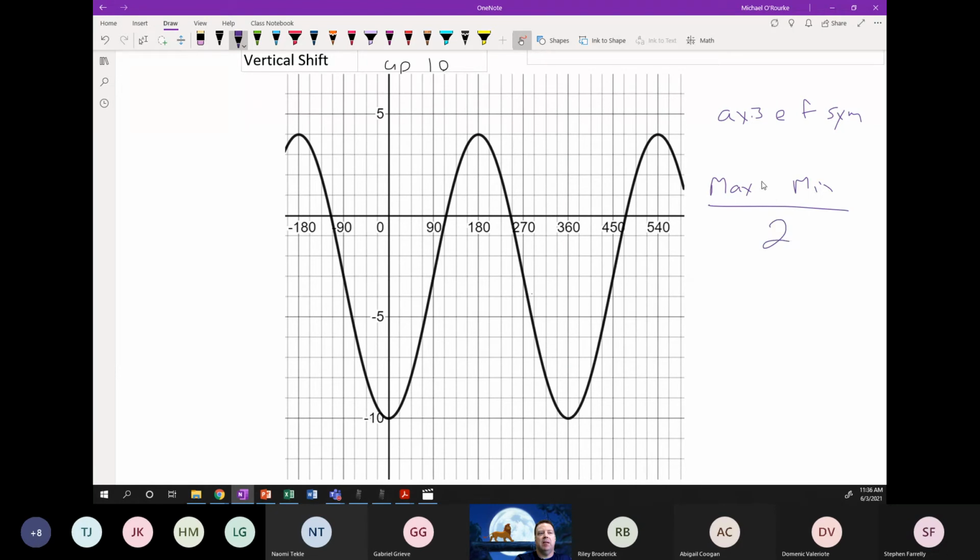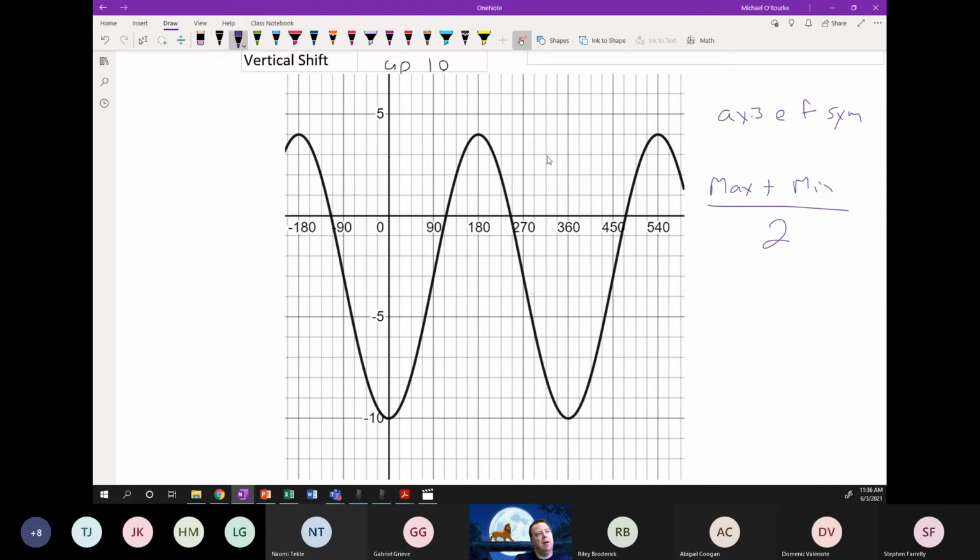Max min divided by 2. What sign's going to go right there for axis of symmetry? Not a minus, but a plus. Okay? That is going to give us our axis of symmetry.